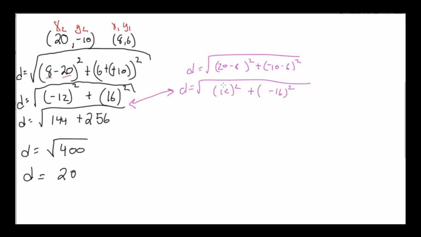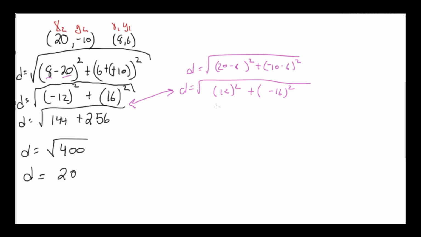Anytime you're squaring a number, you're always going to be positive. So just make sure you do them in the way that you're most comfortable. I prefer that my x2 is always on the first point listed and my x1 and y1 are on my second point listed. It's personal preference. I'm not going to say it's better. It's just what I've done.